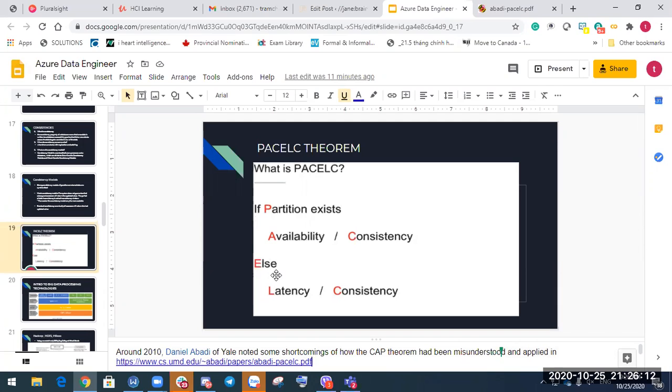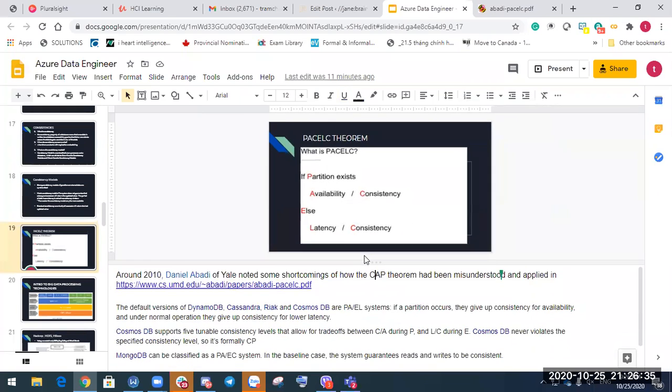In contrast, for the ELSE, EL, that means under normal operation they give up consistency for low latency. They would rather have low latency than consistency. Okay, I promise I'll supply you with a matrix in the next session.